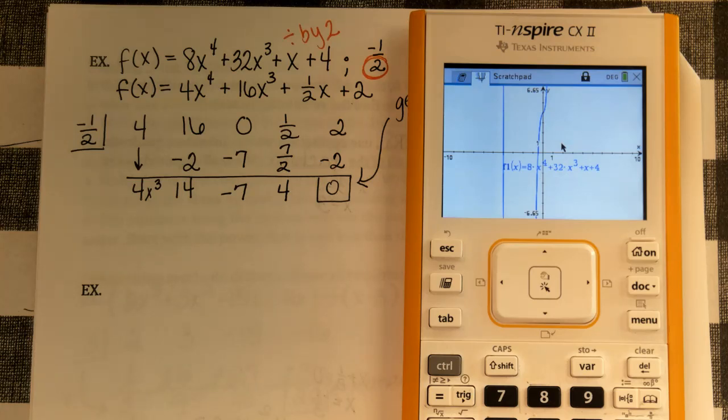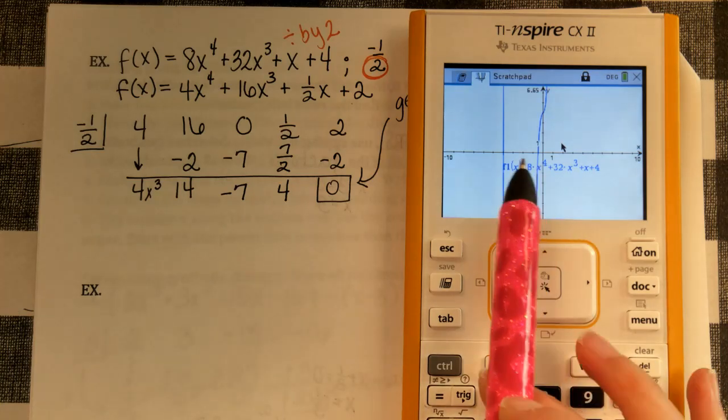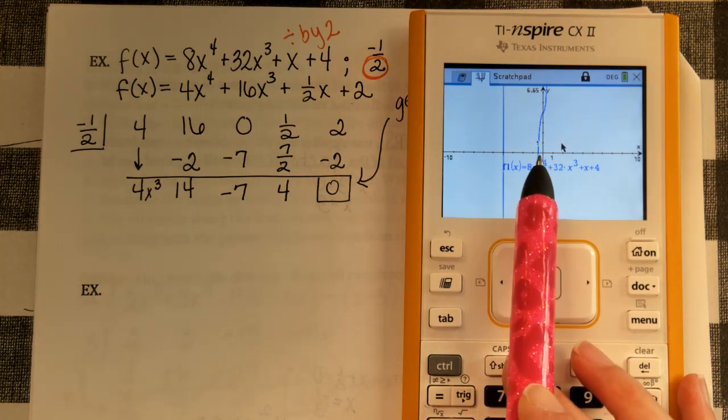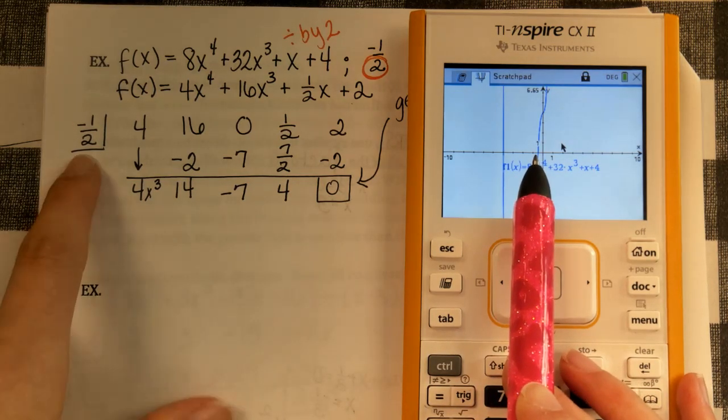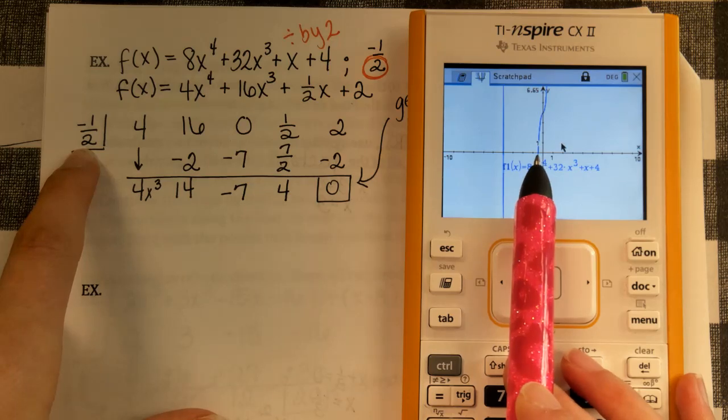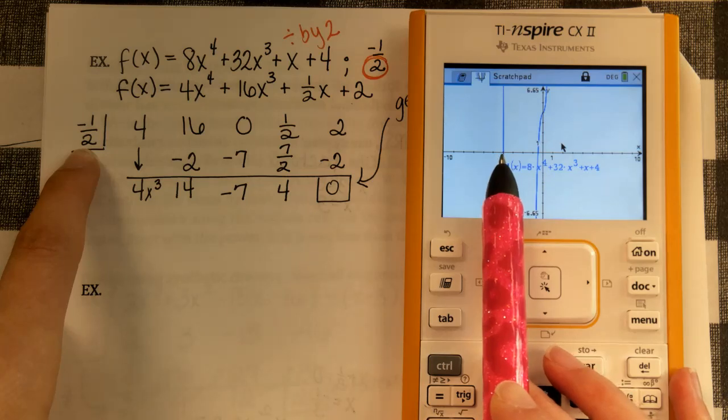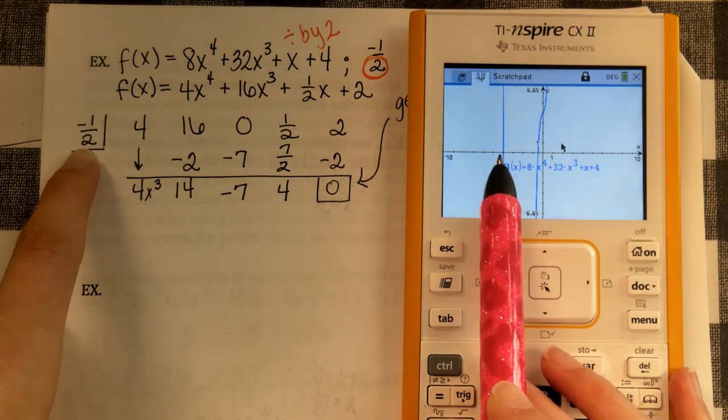So you do the original function, not the one we divided by 2. If you notice in the graph, that negative 1/2 that I gave you is the negative 1/2 that's here. Okay, so I can either count and find that 0, or how else can I use my calculator to find the 0?